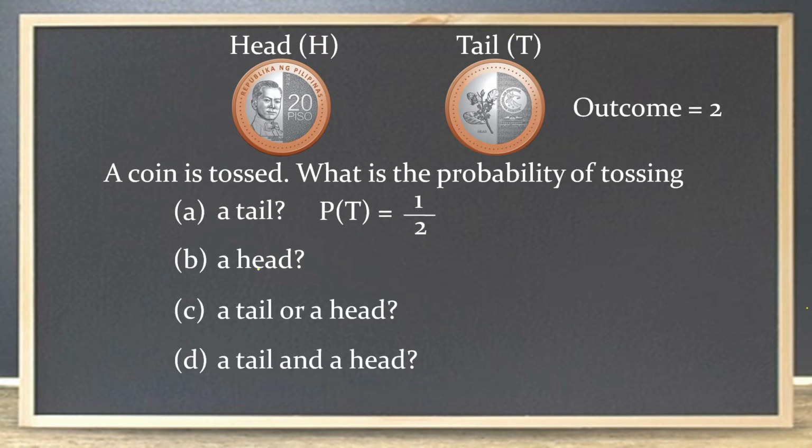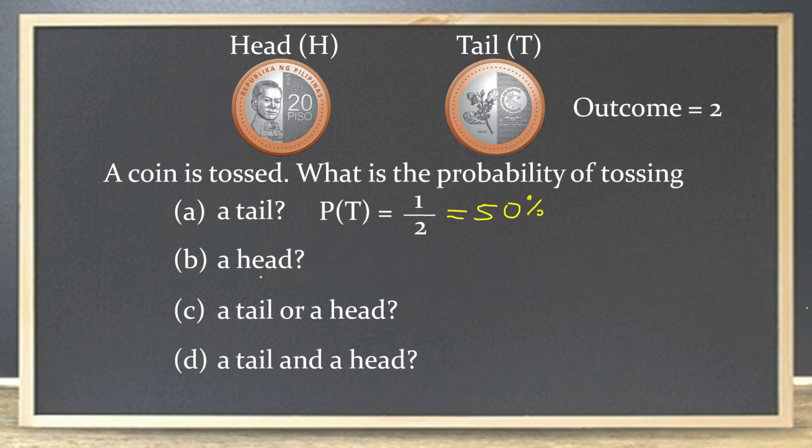Probability can also be written in terms of percentage. So 1/2 is just the same as 50%. So we have a 50% chance of a tail appearing. Now for B, a head.